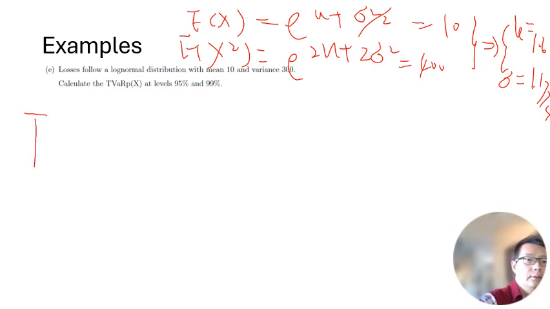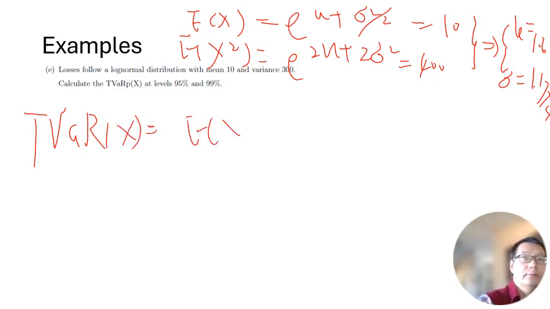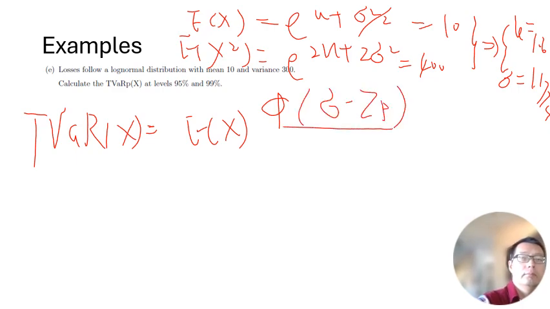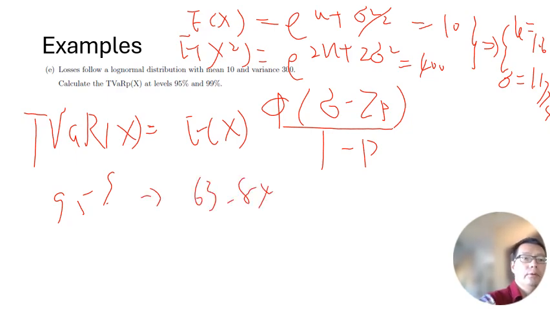Now the tail value at risk is this according to the formula. The rest I will let you finish, but for 95% the answer is 63.84. For 99% the answer is 125.10.